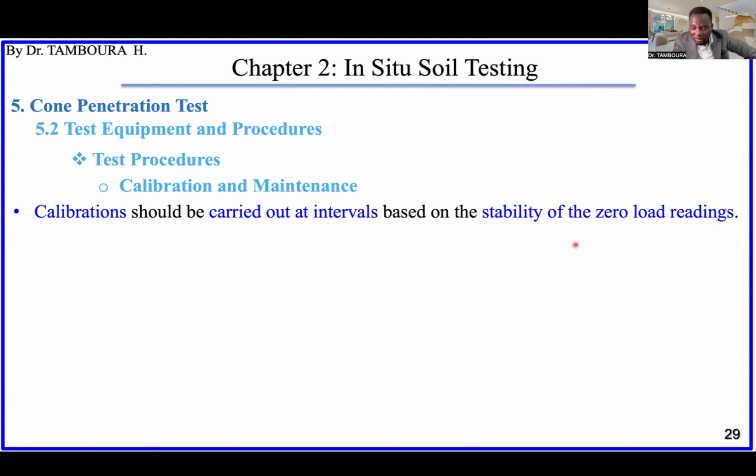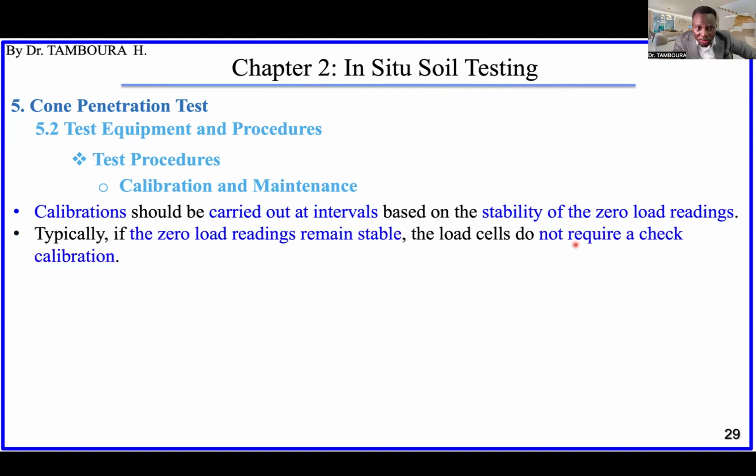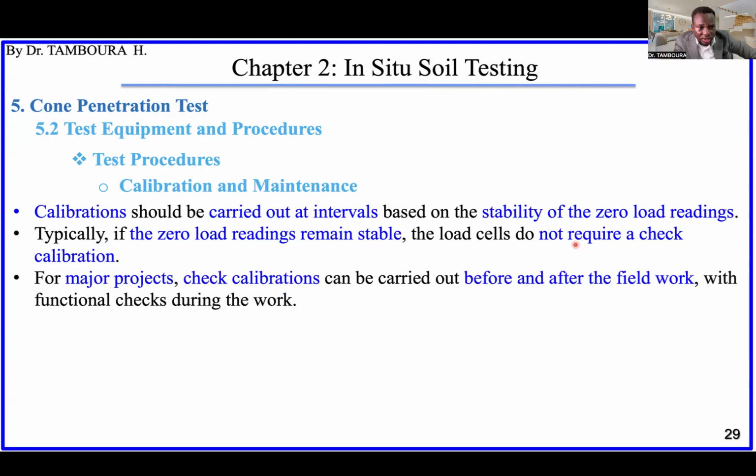These are just readings when you are not pushing, at the beginning or at the end. Typically, if the zero load readings remain stable, the load cell does not require a check calibration.